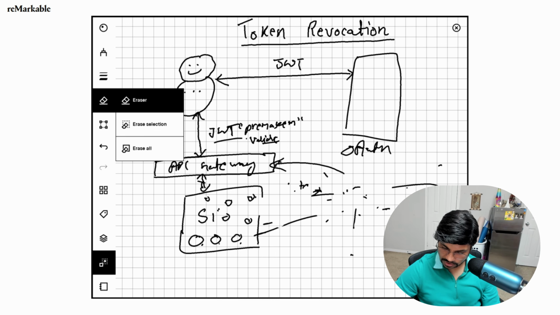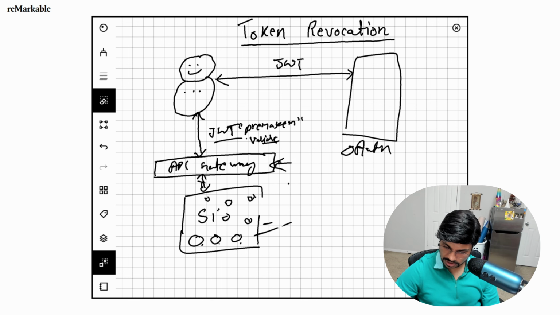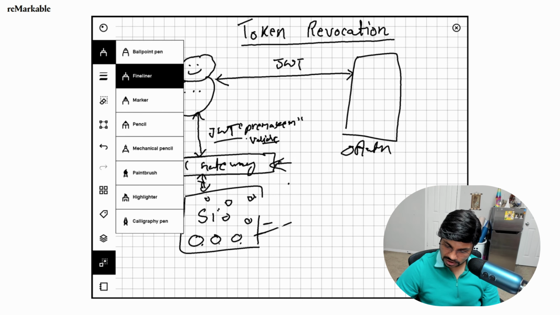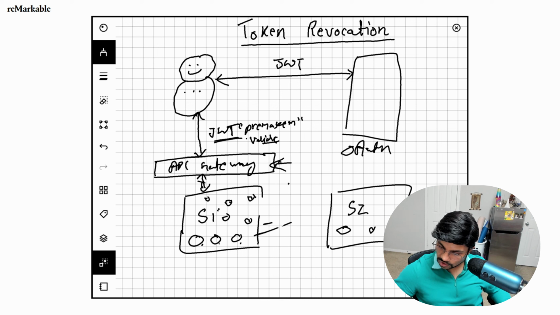Okay, we can also clean it by selecting some area, so that would be cool. Now the main purpose of this JWT is that each service knows the JWT is valid, even from different clusters, S2 which has small servers and S3 whatever.